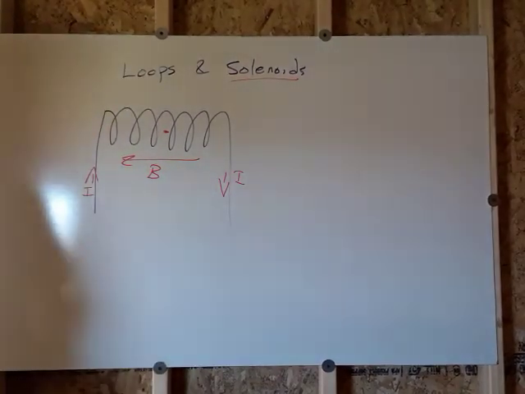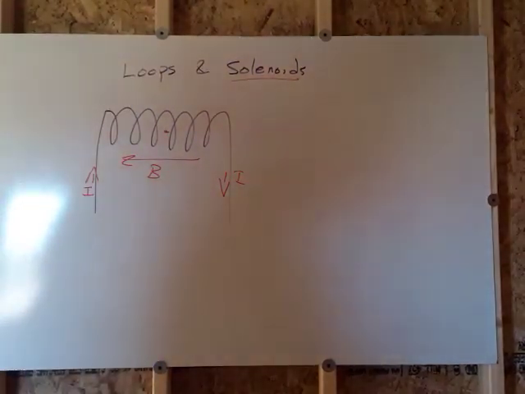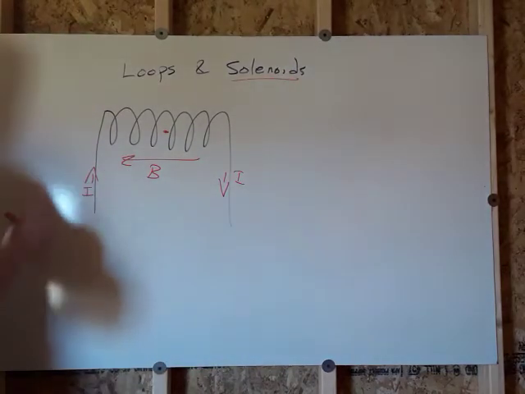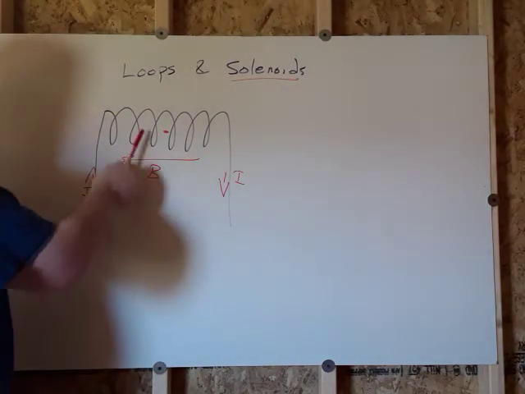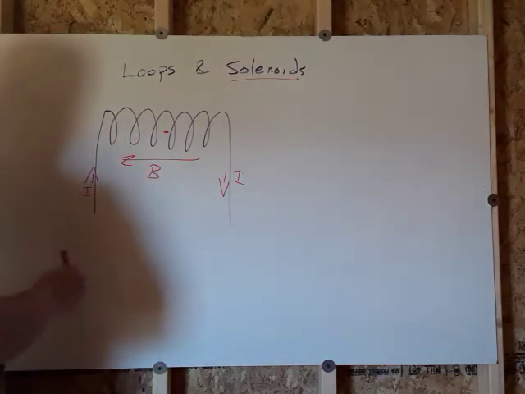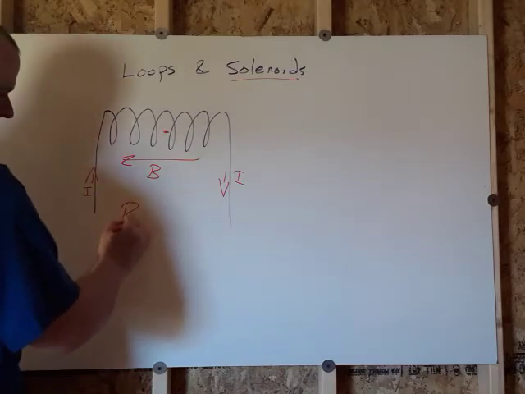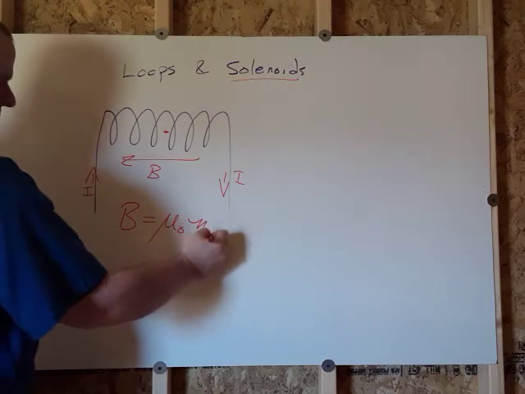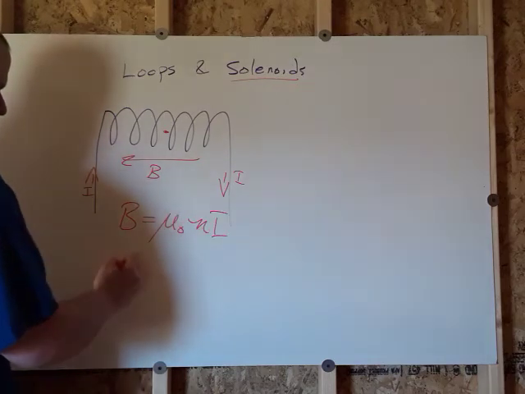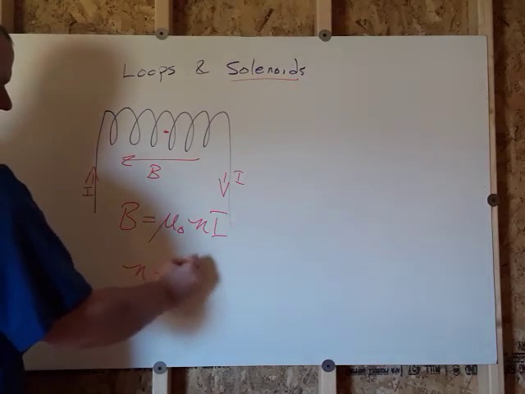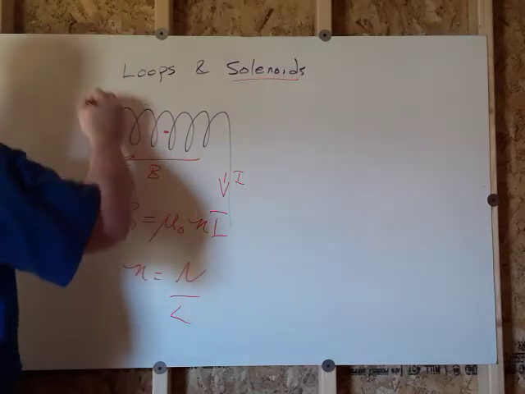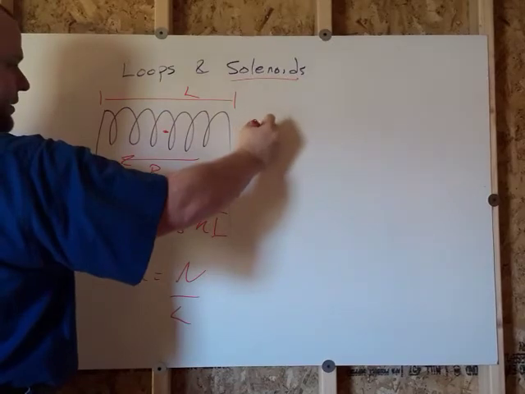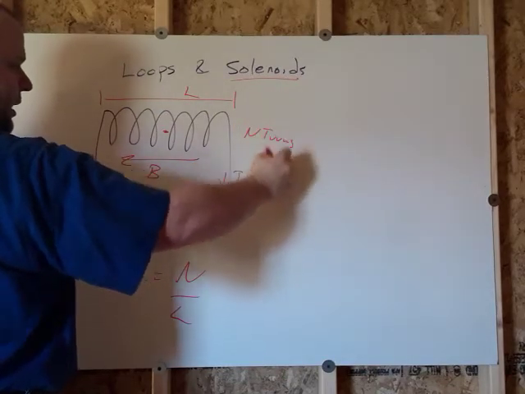It ends up being uniform. And it ends up being a matter of the density of these coils. But it doesn't depend on the radius anymore. It'll end up being mu naught, a lowercase n times the current. And lowercase n is N over L, where this is L and there's N turns. And this is a solenoid.